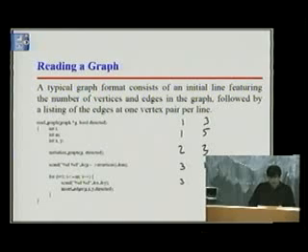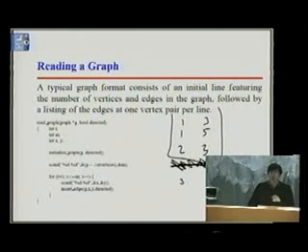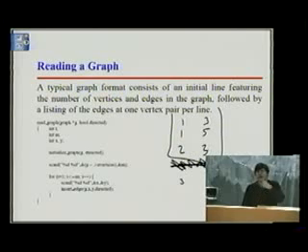It depends if I want to say it's directed or undirected. If I'm using an undirected graph, I probably wouldn't list both of them. When I read it, I'd better know whether I mean a directed or an undirected graph. That's why I'm letting that be a flag that's being passed to me.